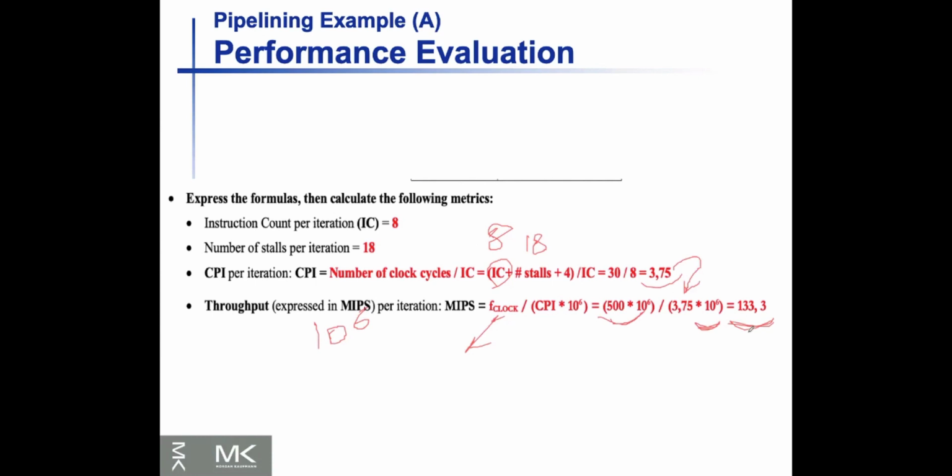The throughput is actually the amount of resources you utilize from your processor, right? So out of 500, you're able to execute 133, because your CPI is 3.75, not 1, because you had the stalls, right? And that would be the explanation for that throughput.